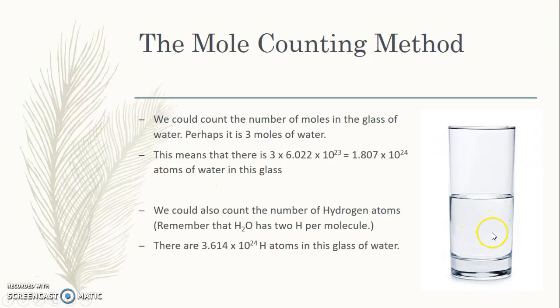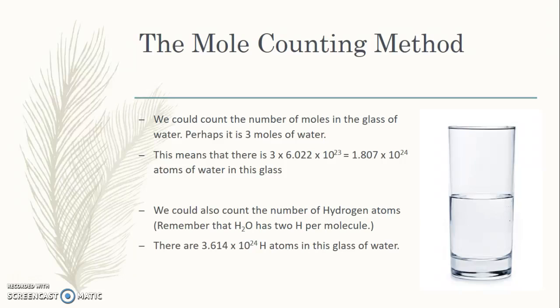So whenever you see a question like how many atoms of carbon, how many atoms of fluorine, how many atoms of water are there in 3 moles, well, we'll just times 3 by this standard number. We're going to have to memorize it, 6.022 by 10 to the 23. It's probably going to be given to you, but it's also nice to memorize.